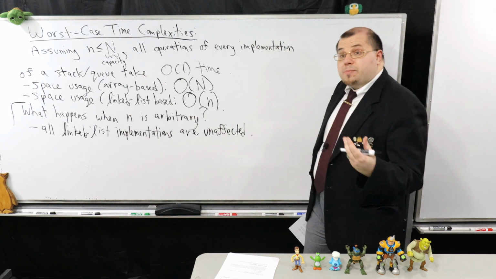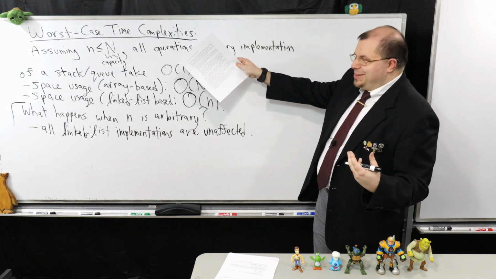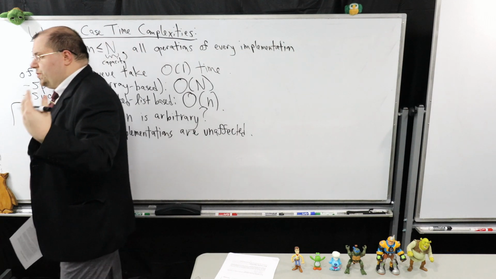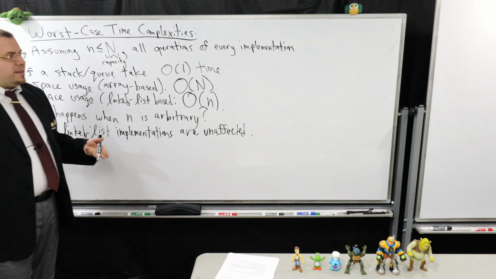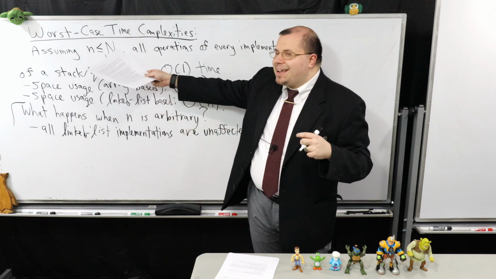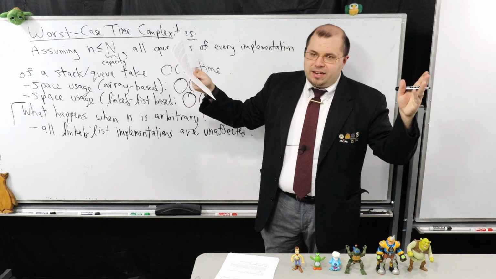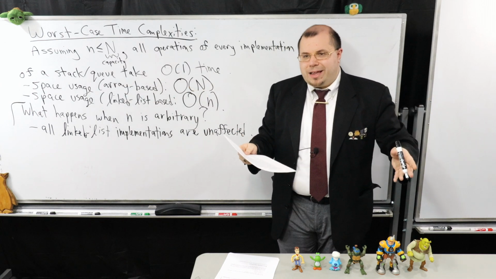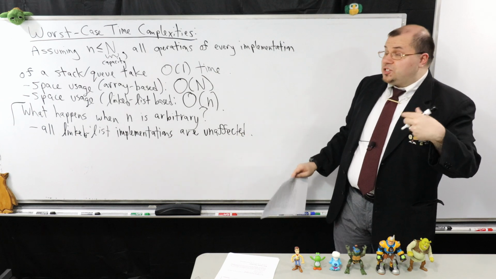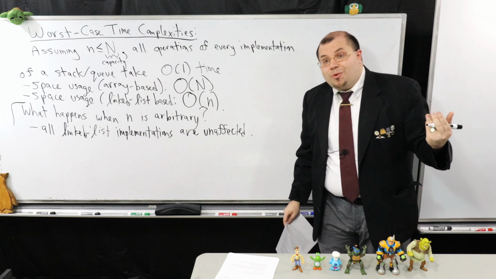However, our array-based ones are affected, because this is an assumption I'm making. Just to give you a flavor for how the array-based implementations will work, you have this initial capital N as the capacity for your array. This would be the size of the array at the beginning. Then I'm simply going to start introducing more elements.